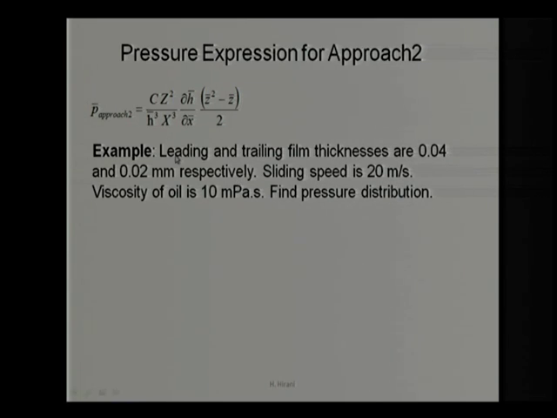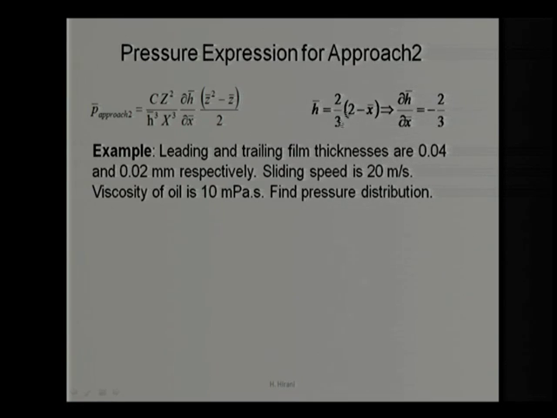So here again the same data: the leading and trailing film thicknesses are 40 micron and 20 micron respectively. Sliding speed is 20 meters per second, viscosity 10 millipascal second, find the pressure. As this data is given to us, we can find the non-dimensional film thickness, as we did earlier also.